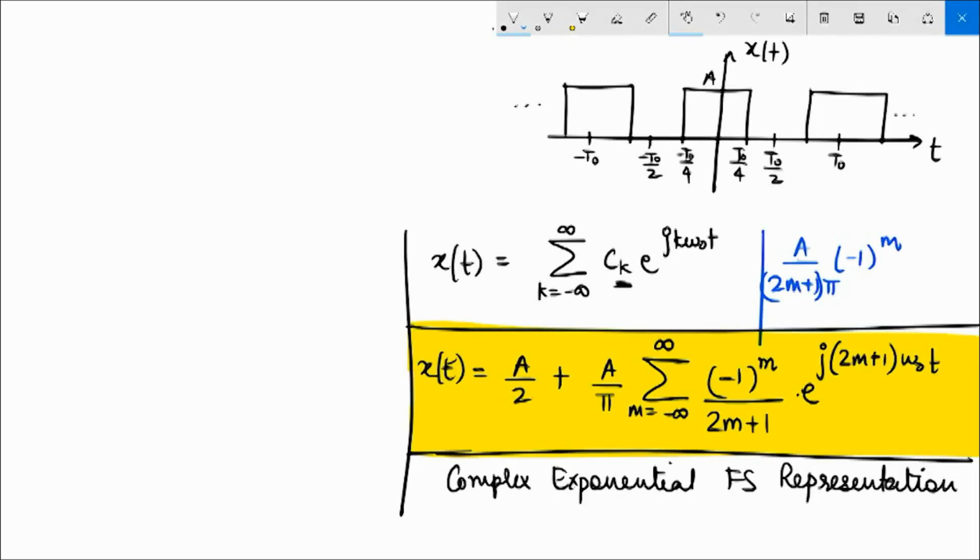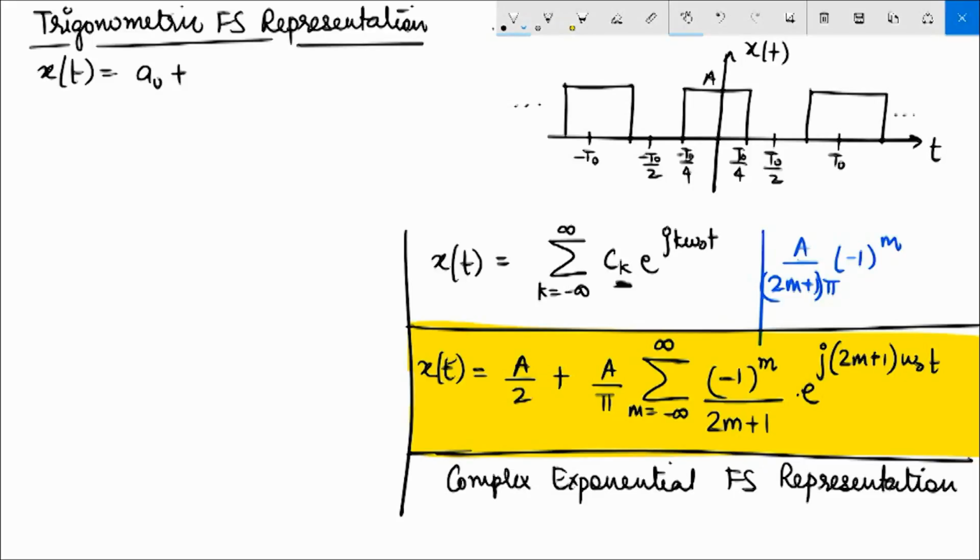Now, how about writing the trigonometric Fourier series representation? Trigonometric Fourier series representation is of the form x(t) is equal to a naught plus summation ak cos k omega naught t, where k varies from 1 to infinity, plus summation bk sin k omega naught t, k varying from 1 to infinity.